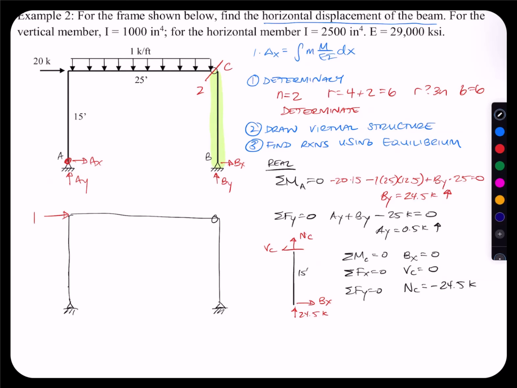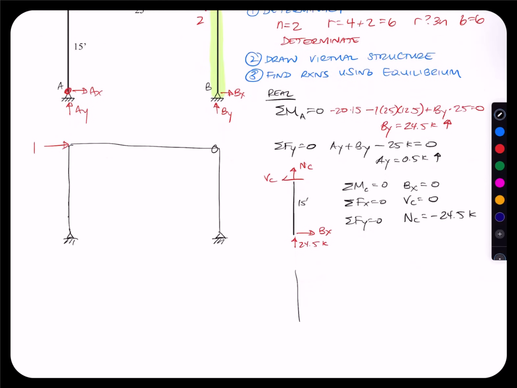With that information, I can go back to the other piece of my structure. Just 1 kip per foot. I already know this is 0.5 kips. I don't know AX.